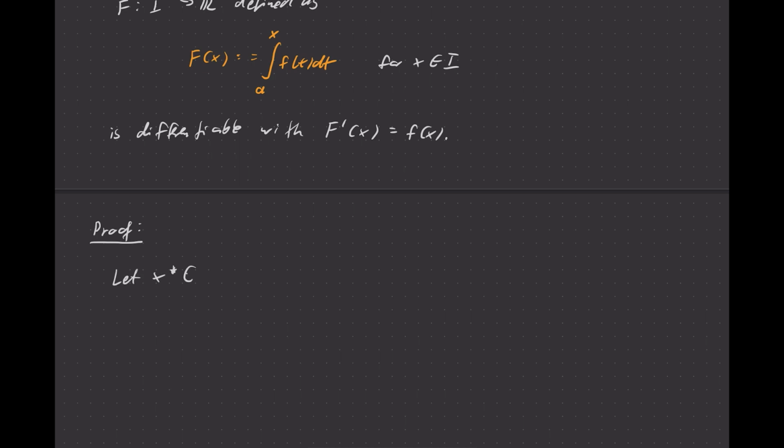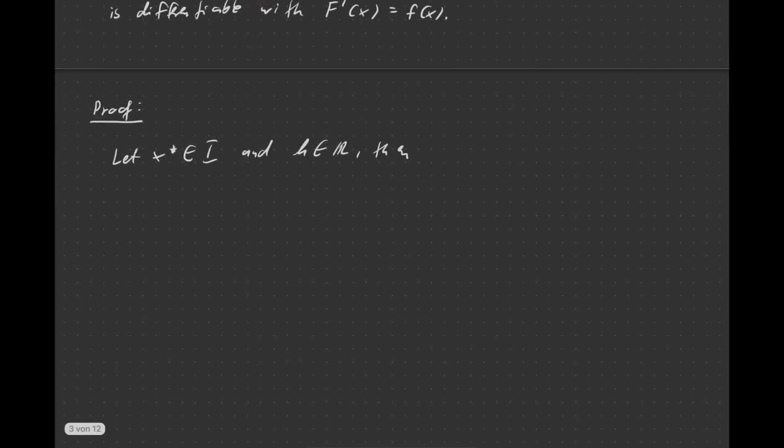So let x star be a point in I, and h in R. And of course, h will later tend to 0, so you can imagine h is a very, very small number.